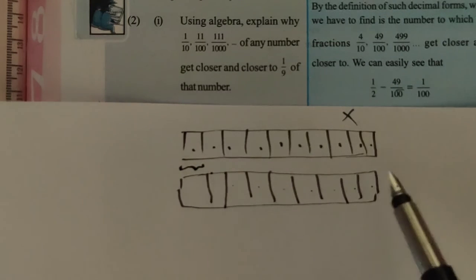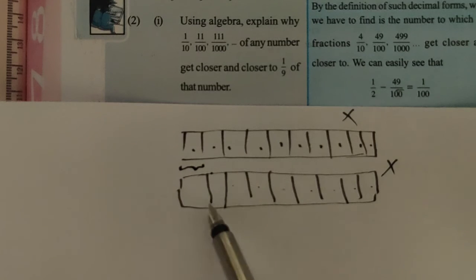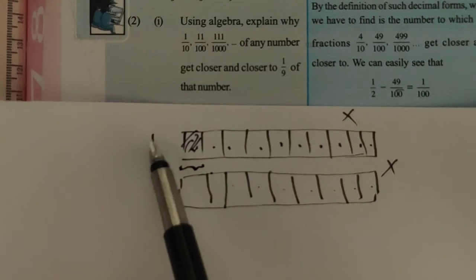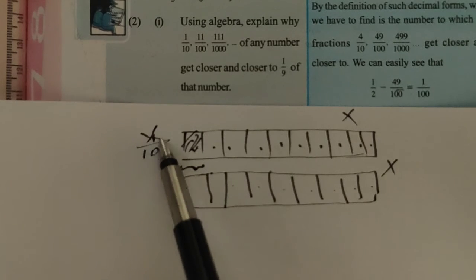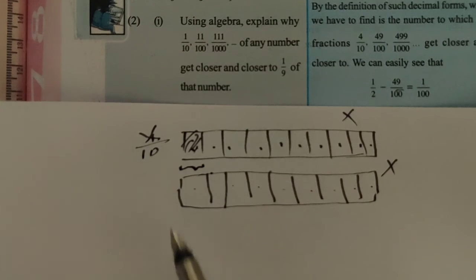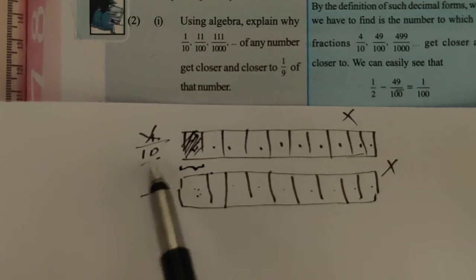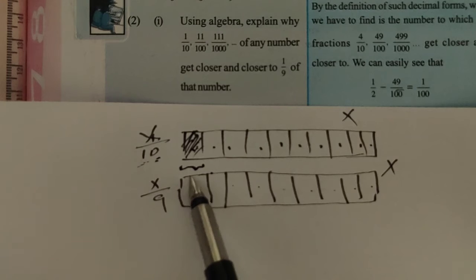And the same number x is divided into 9 parts. Then this part is 1 by 10 part of x, and this part is 1 by 9 part of x. And which is bigger? This part is small when the division is into 10, and here the division is only 9.